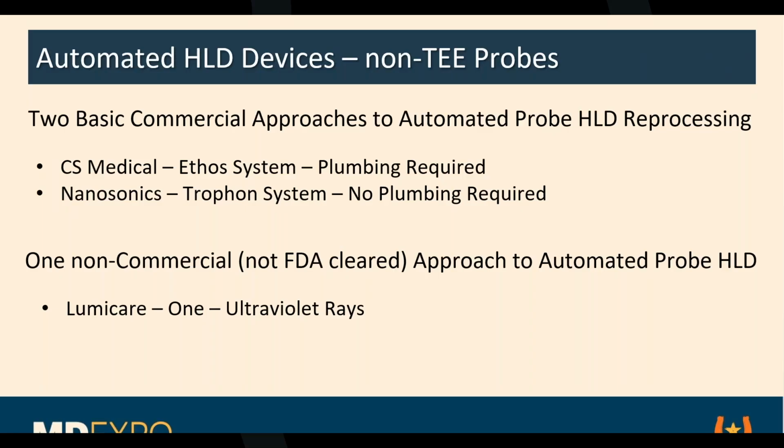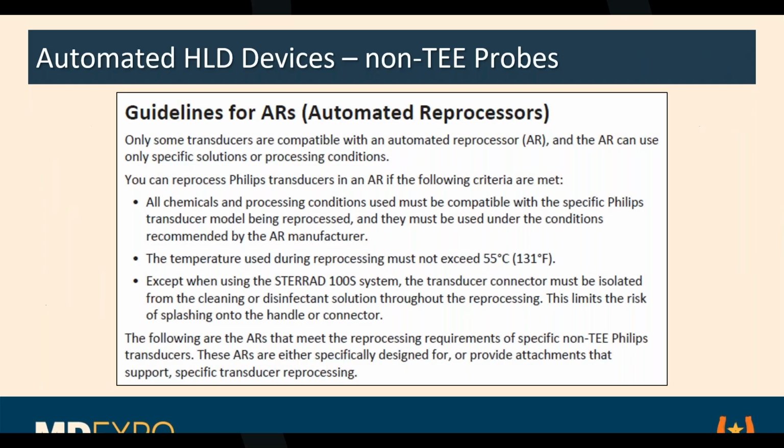And there's one non-commercial approach. I'm just going to bring this up for your edification. It's not FDA cleared. It's an approach to automated reprocessing using ultraviolet rays. It works on some things, not on probes, because there are too many places with shadowing and stuff going on like that.